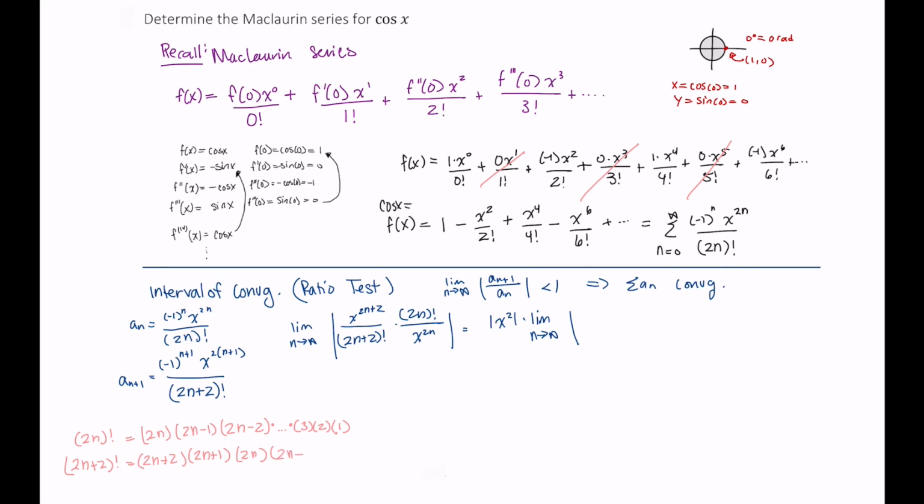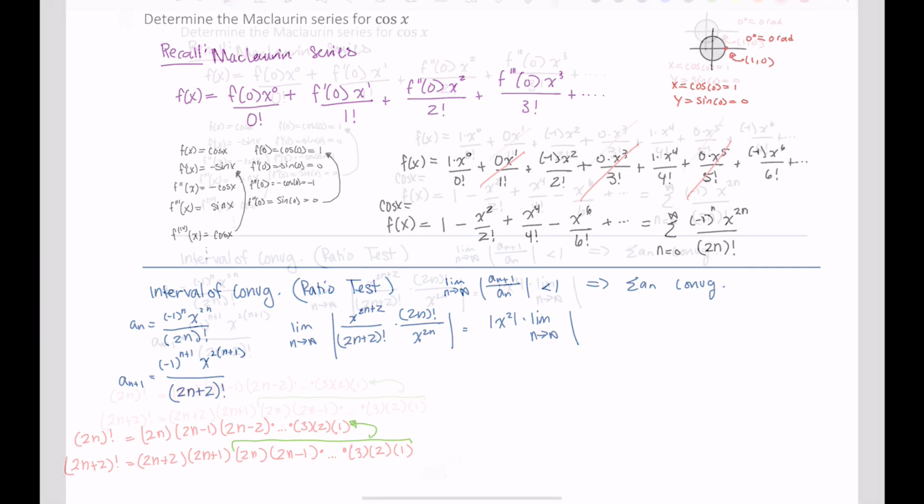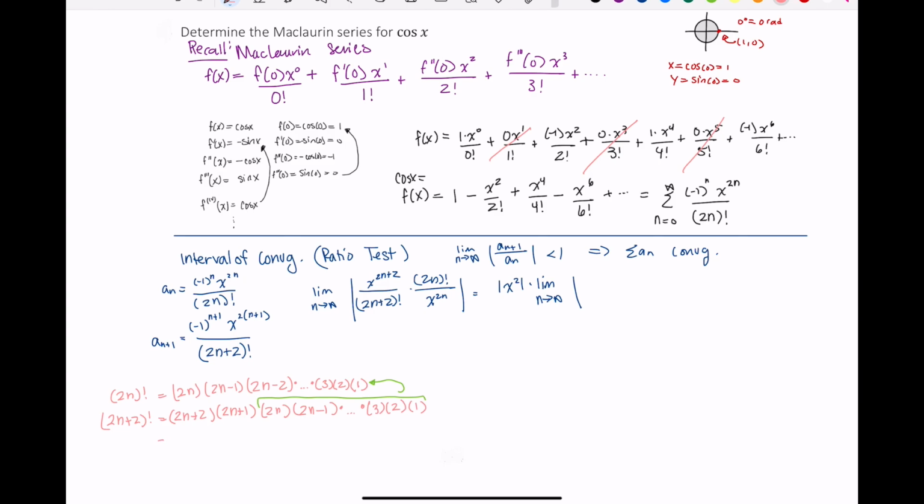And I'll stop there, all the way until we multiply by the integer 1. And as you can see here, this part is just 2n factorial. Well, what does this tell me? This tells me that 2n plus 2 factorial is equal to 2n plus 2 times 2n plus 1 times 2n factorial. So let's deal with that inside the limit.